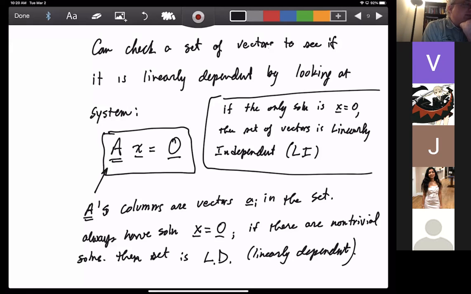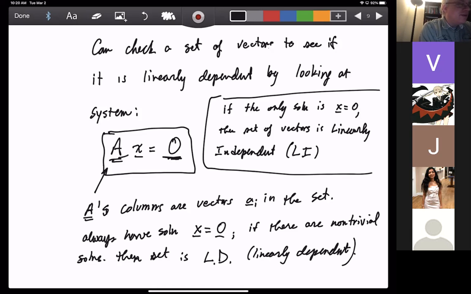And if that homogeneous linear system, it's homogeneous because the right-hand side is 0, has only x equals 0 as its solution, the set of vectors is linearly independent.